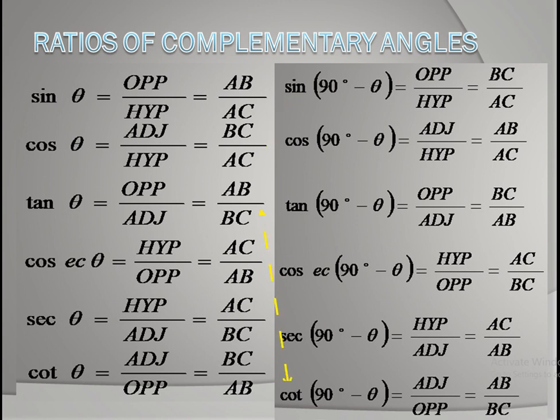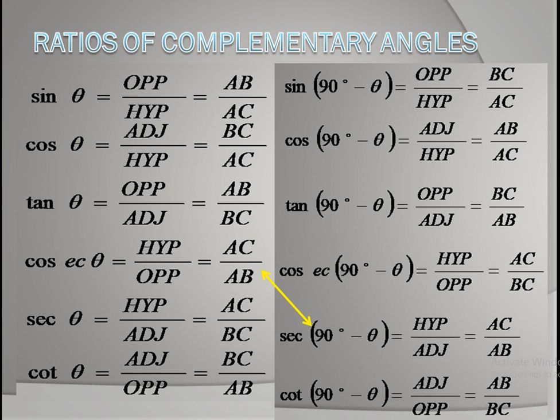Next, tan theta is equal to AB by BC. You see it. And also cot(90 degree minus theta) is equal to AB by BC. So tan theta will be equal to cot(90 degree minus theta). Here also cosec theta is equal to AC by AB, and sec(90 degree minus theta) is also equal to AC by AB.